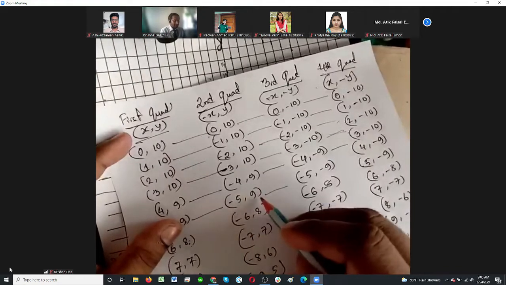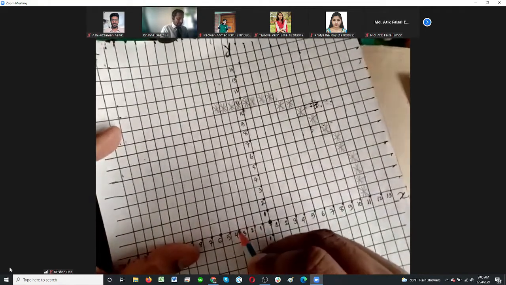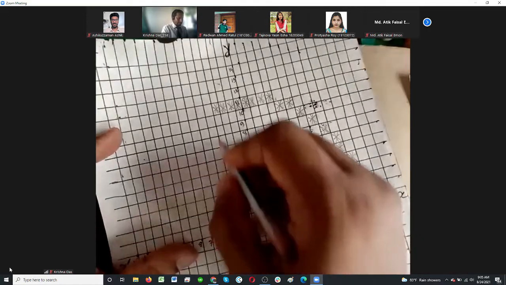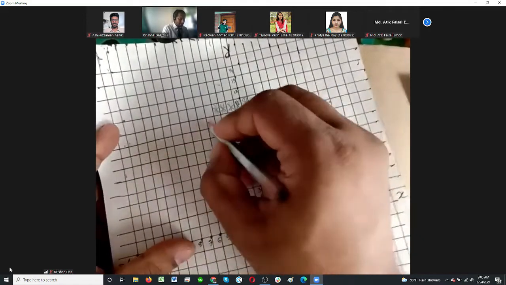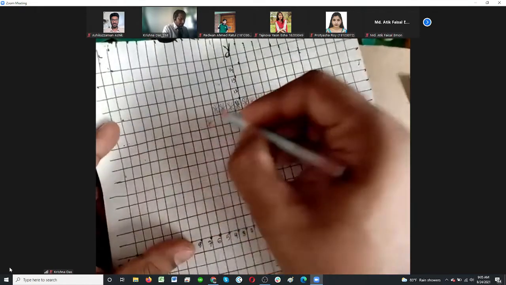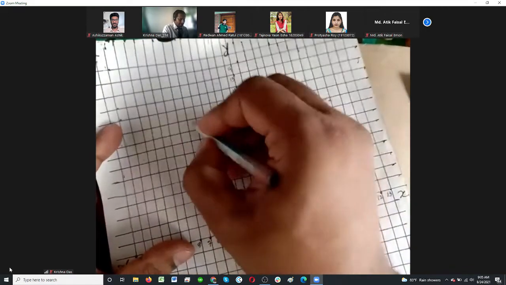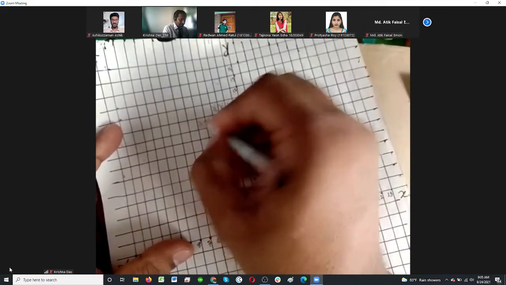Then we got minus 4, 9, minus 5, 9. Okay, minus 4, 9, so this is minus 4, and this is 9, so that is that pixel. Okay, minus 4, 9. Then we go for minus 5, 9, that means this pixel.